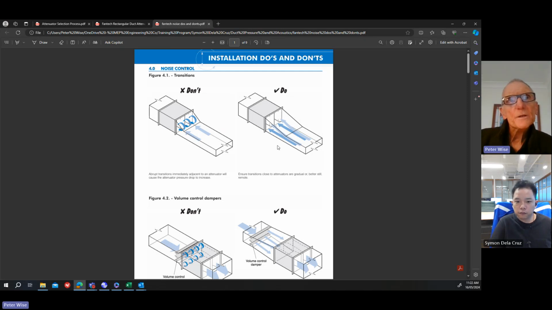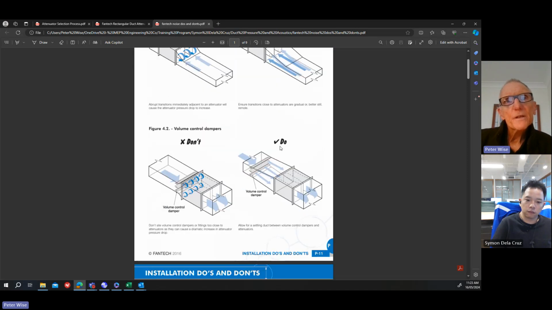If you install an attenuator with an abrupt entry, you will affect the performance. If you install one straight after a bend, it will affect the performance. So you've just got to realise that you want good straight airflow coming into an attenuator so that you can fill all the passages of the attenuator and get the best performance.